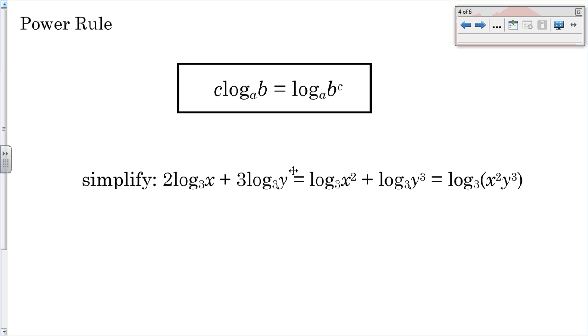That 3 will come up and be the exponent on y. So now we have no coefficients, we have the same base, and since this is addition, it is simply log base 3 of x squared y cubed. So we actually used two different rules to simplify this. First, we had to use the power rule to pull up our coefficients and make them exponents on both log terms. After that, we can use the addition rule to simplify it.